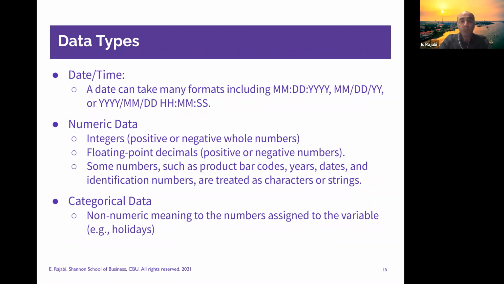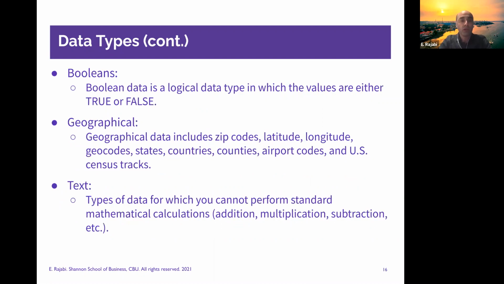Beyond the level of measurement and classification, we have data types, right? When we have data in tabular format, we have fields, and for each field we have a domain, and in the domain we have the different data types. We have date time, and one of the tricky parts of data cleaning is date time format. We have numeric data, integer, floating, and double values where we have decimals. We have categorical data or nominal data, which is non-numeric, meaning that the data or numbers can be assigned to categories like holidays or ratings, hotel ratings, and so on.